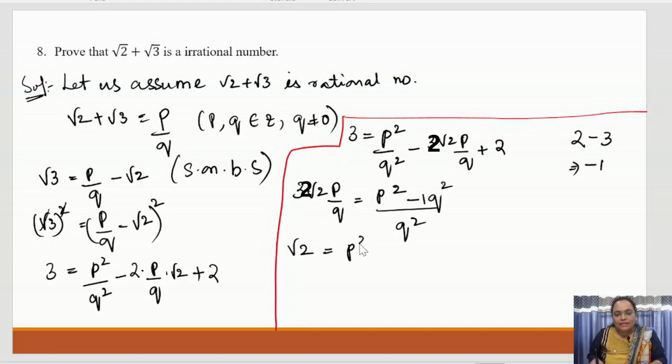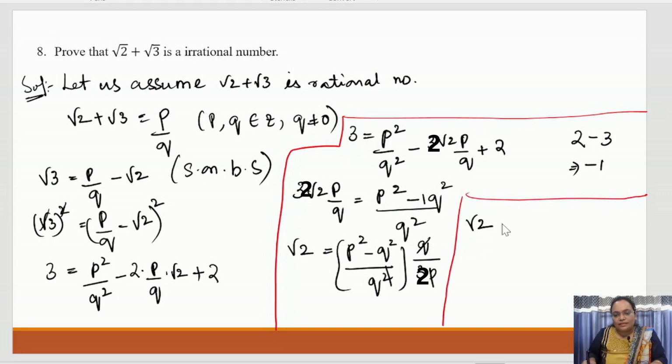So you will get P square minus Q square by Q square into Q by 3P. Q and 1Q will get cancelled. So you will have root 2 is equals to P square minus Q square by 3PQ.